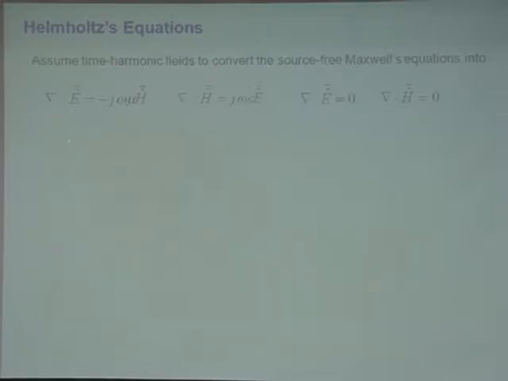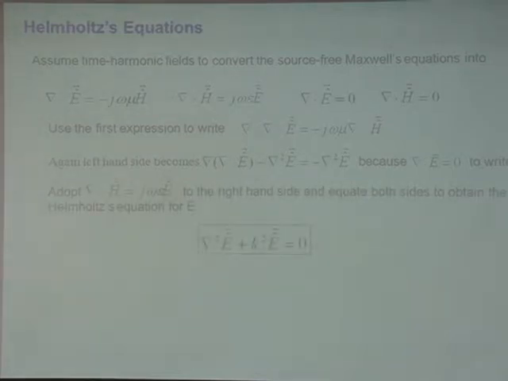The same thing with Ampere's law, where you have a displacement current on the right-hand side. You have the time derivative of D, which gives you a j omega right here. Then follow the same calculation for the double curl operator and so on. Just follow the same steps, and you can establish this Helmholtz equation.